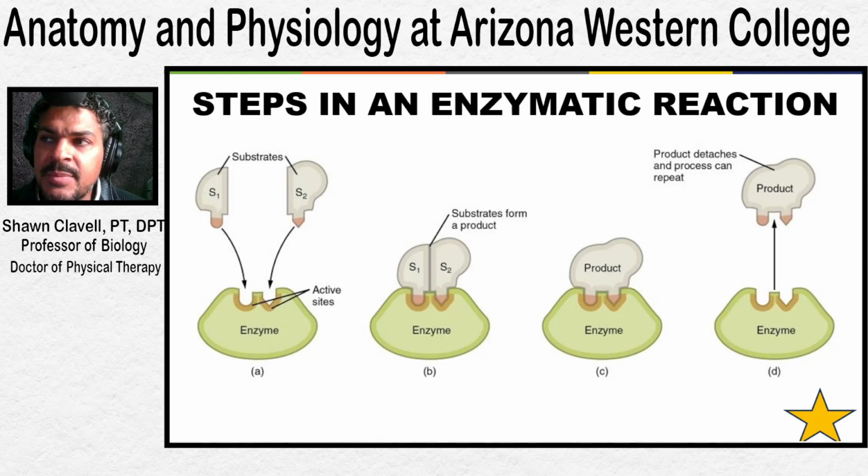And the classic example is that these enzymes present as a lock and key. So you can see here the enzyme is the lock, the two particular substrates that will become the ultimate product are the key. And so each of them joins into the lock.